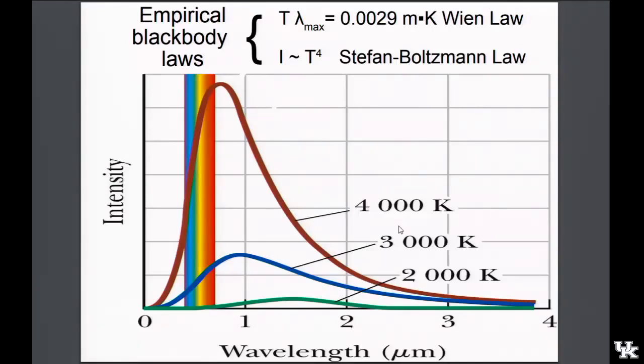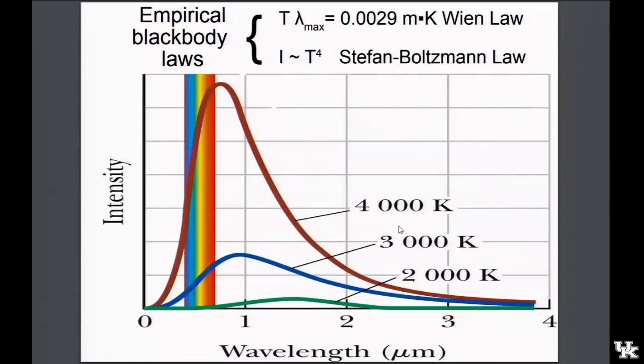As we go from 2,000 to 3,000 Kelvin, we dramatically increase the intensity of the light, the energy that's radiated. As we go to 4,000 Kelvin, we further dramatically increase the amount of energy radiated. We saw that with the lamp. I started to turn the current up, and to begin with, the intensity gradually went up, and then it started to really race away. It got really bright, hard to see the lamp.